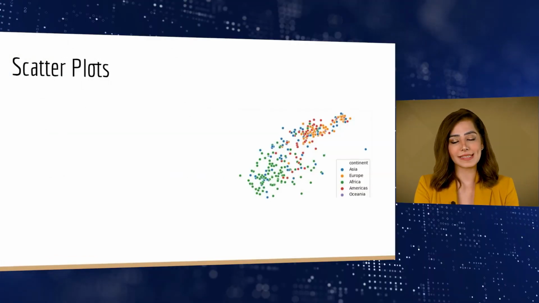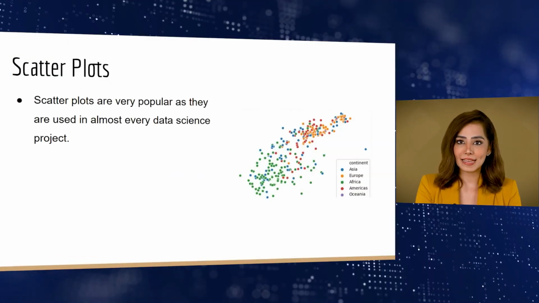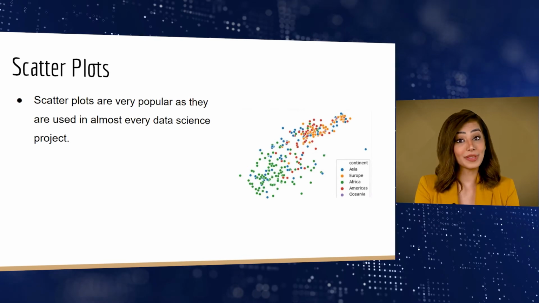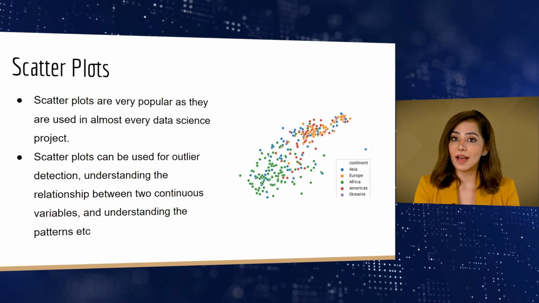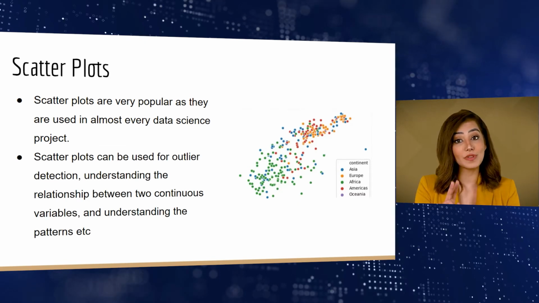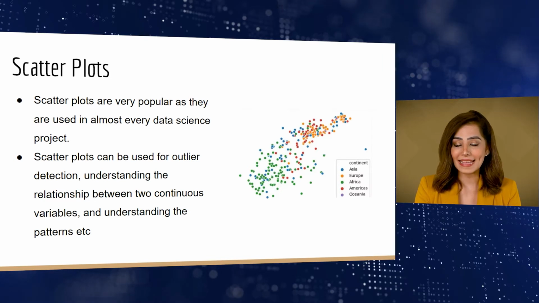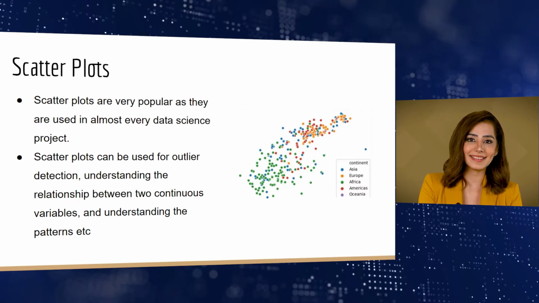So the first is scatter plots. Scatter plots are very popular as they are used in almost every data science project. Scatter plots can be used for outlier detection, understanding the relationship between two continuous variables, and understanding the patterns, etc. So let's get started.